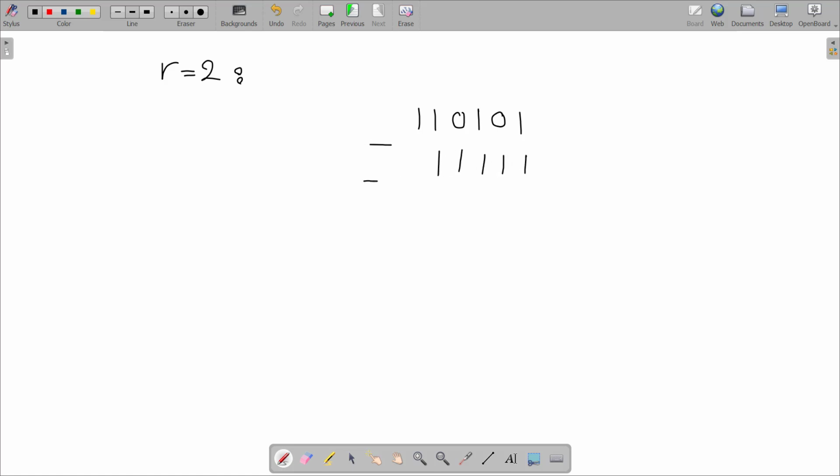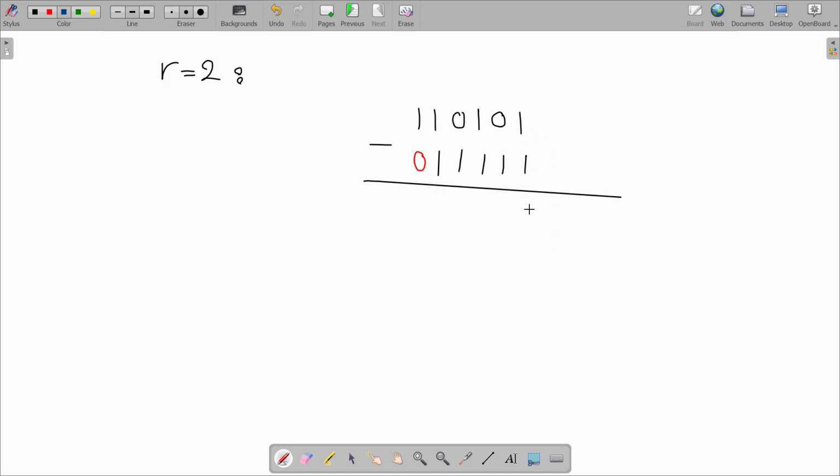I want to subtract these two numbers together. First of all, because the second number has fewer bits than the first one, we can add the 0 here, it doesn't matter. But I want to show you that the number of bits for the two numbers has to be the same. So again, same thing happens.